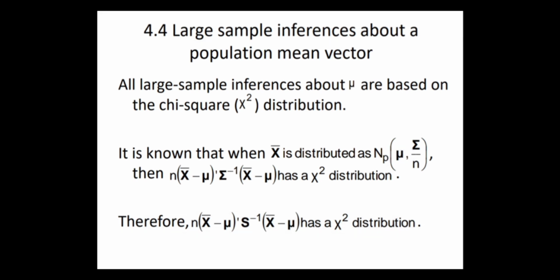It is known that when x bar is distributed normally with mean vector mu and covariance big sigma divided by n, then this term, the square distance, will have a chi-square distribution, same as this term, x bar minus mu transpose, big sigma inverse, the variance covariance inverse, multiplied by x bar minus mu, which also has a chi-square distribution.